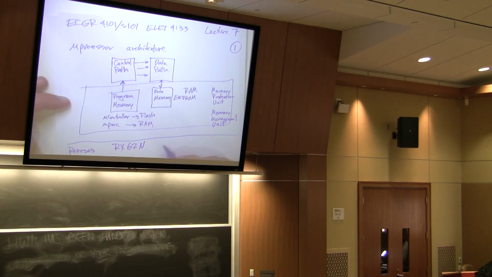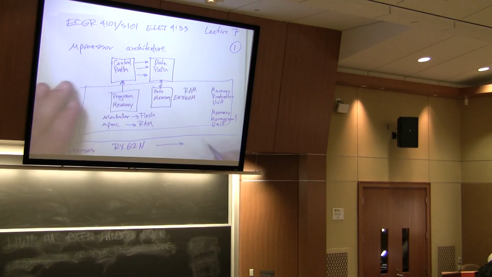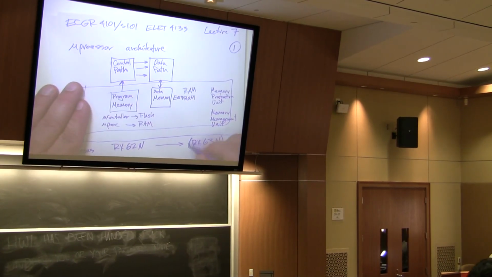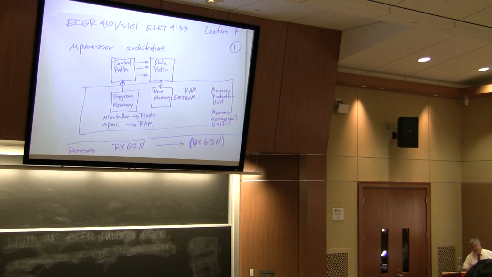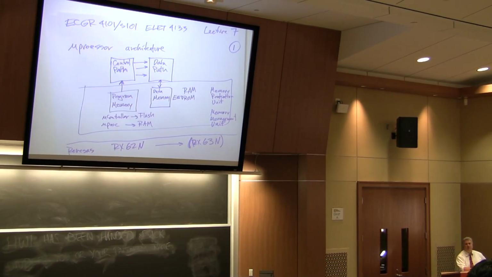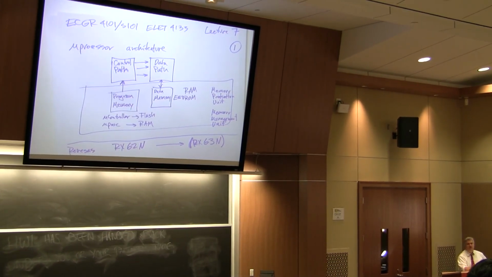And by the way, there is going to be a phasing out of this processor, and it is going to be replaced by the RX63N. And this device, the RX63N, has even more flash memory and RAM and such. In fact, did I show you the small little pink board a couple of weeks ago?